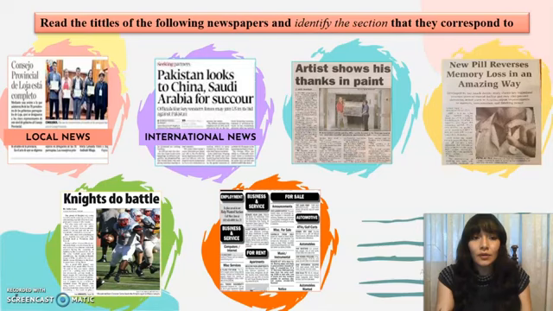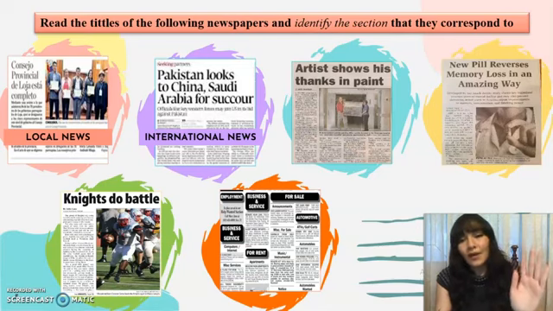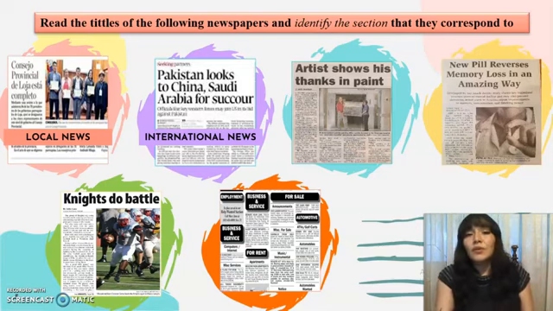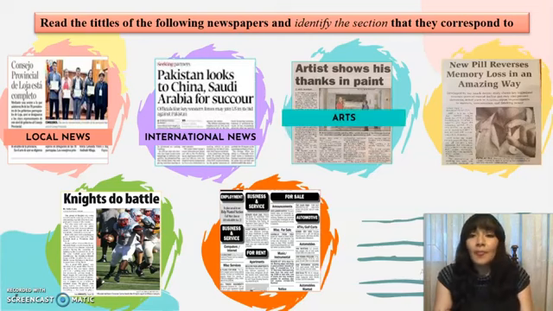Local news. Perfect. Here we have international news, because we have Pakistan lost to China, Saudi Arabia, and so on. These are news about the world. We also have the arts news, because artists show his fans in paint. And the name says we are talking about artists.